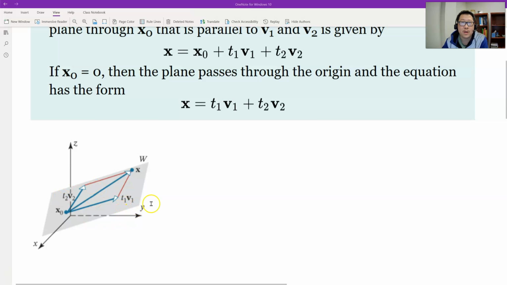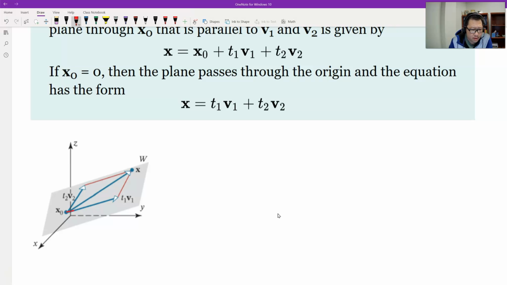Okay, we need this small graph. Given 3-space, given the point or a given vector x0 here, and two other vectors. Suppose here is v1, another vector, and here is v2, another vector.